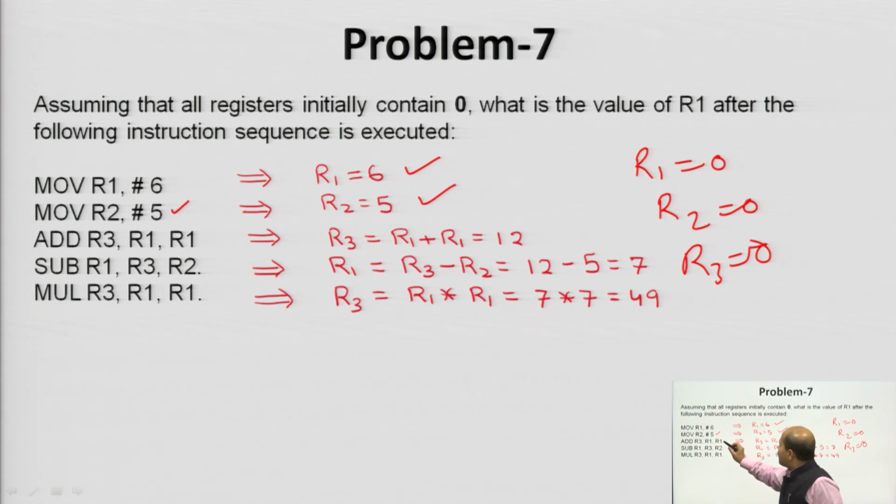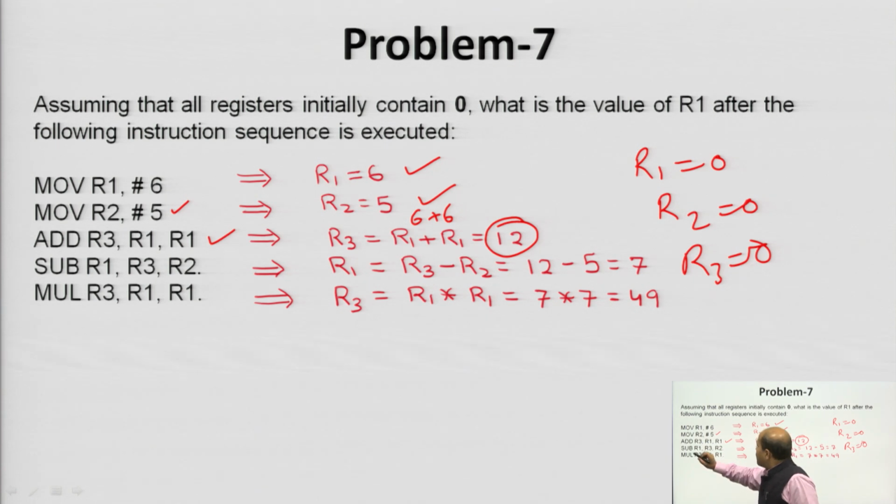The R 1 value was updated in the first step, so R 1 equals 6. So, 6 plus 6 will be added, and finally R 3 will become equal to 12.